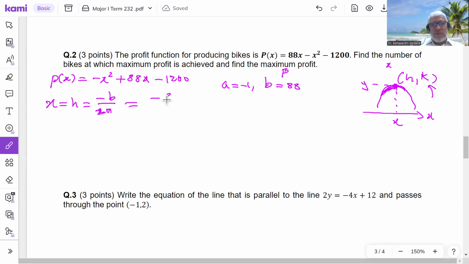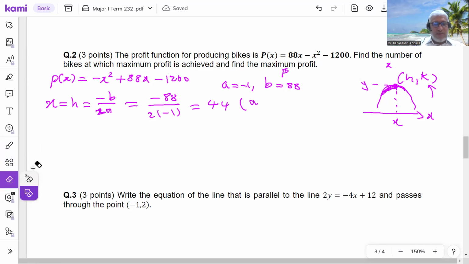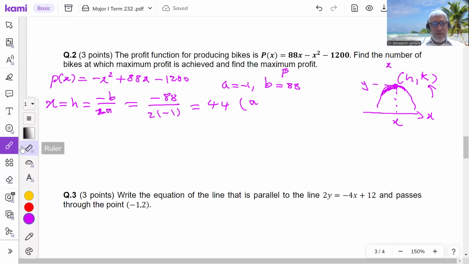So -b would be -88 over 2 times -1. And if you divide -88 by -2, you get 44. So 44 is the number of bikes at which maximum profit is achieved. You can write here that this is the answer of the first part.